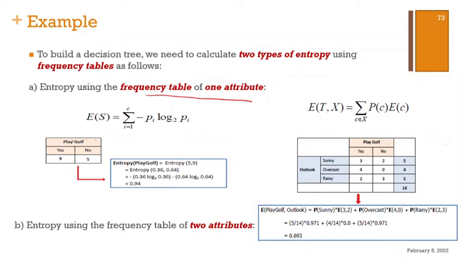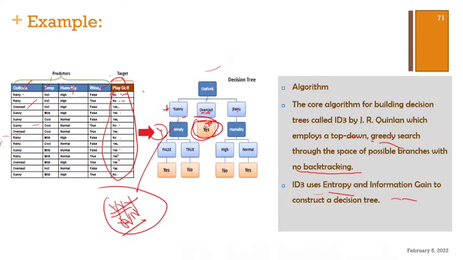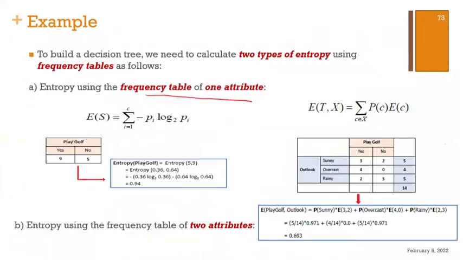This is the main data. We want to calculate the entropy for this, to know if they are homogeneous, that is, all of them are yes or all of them are no. If they are the same, then we don't need to do anything.